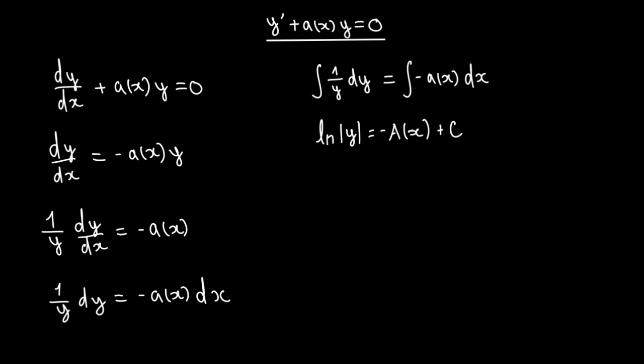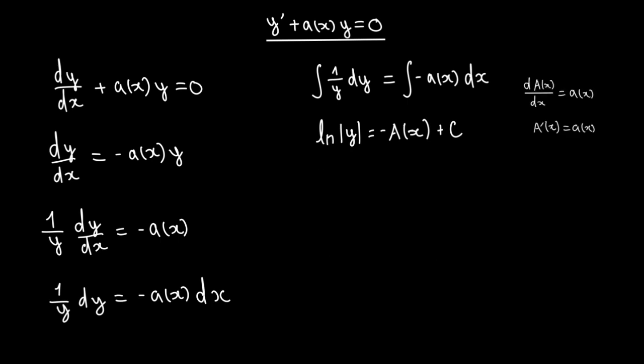And of course, we can't forget about the constant. So let me write that down. Since capital A of x is the antiderivative, the derivative of capital A of x is lowercase a of x, or A prime of x is equal to a of x.